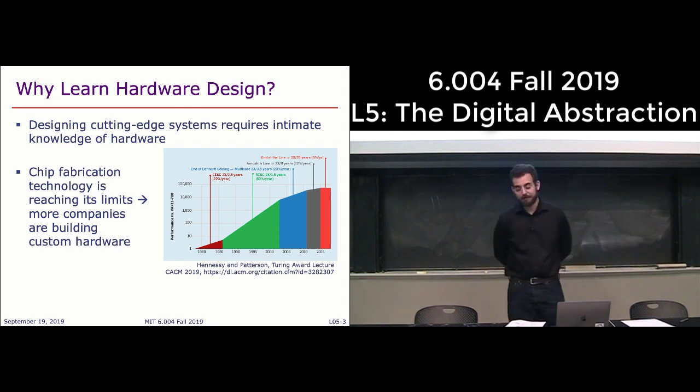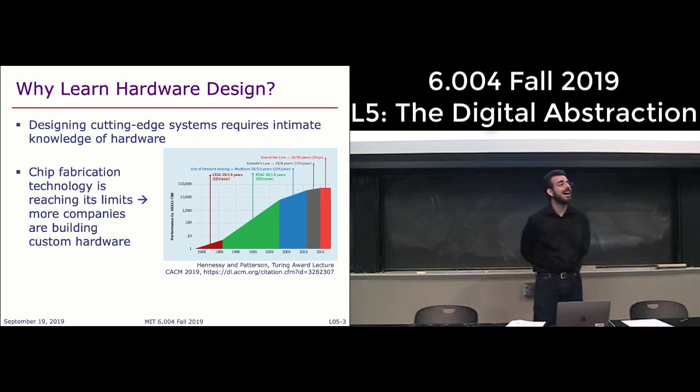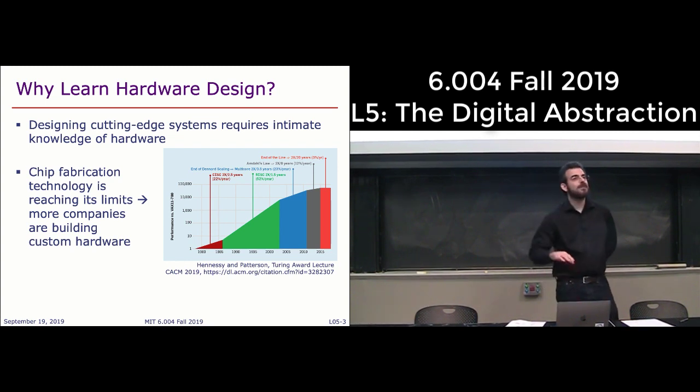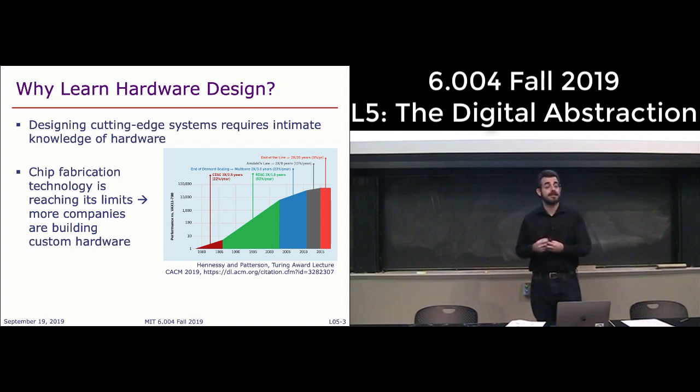Current transistors are around 100 atoms wide, and you can't go much smaller than that. We'll see all these details later. I don't want to go into the details of why the slope has fallen. But the end result is that general purpose processors are not improving as fast as they used to.